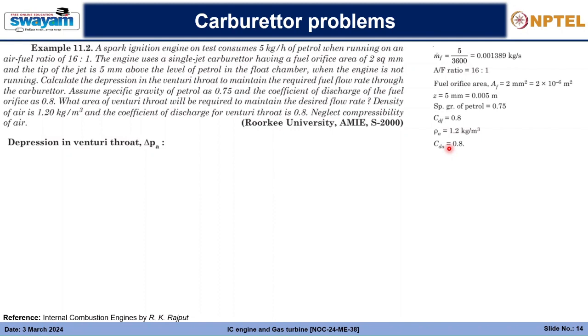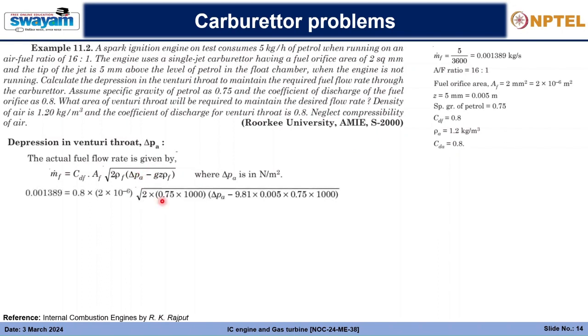Now to find the depression, first we have to find the mass flow rate of fuel. Then, can we find the mass flow rate of air? For that we are not given sufficient information, so we have to find it from the mass flow rate of fuel. From here we get to know that everything is given except rho PA, so we'll solve for rho PA. This is the expression using Bernoulli's theorem, which we derived in the previous slides.